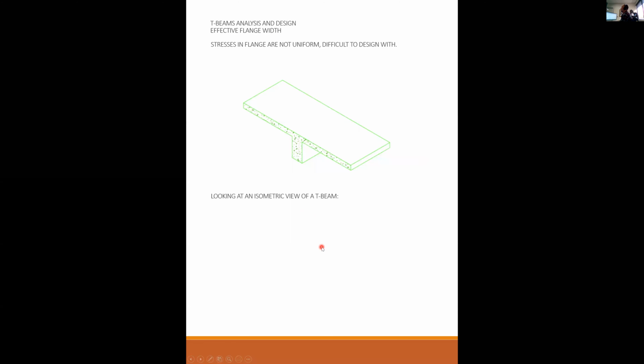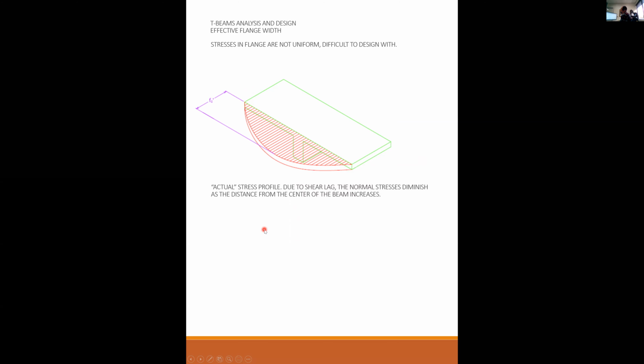Looking at an isometric view of the T-beam, this is an illustration of the compressive stresses when this beam is in flexure. The compressive stresses in that flange vary from nothing to a maximum back to nothing over some width. And the reason for that is called shear lag.